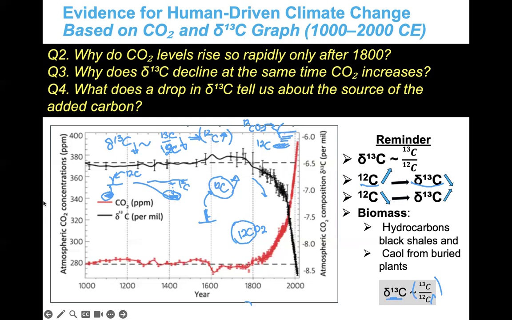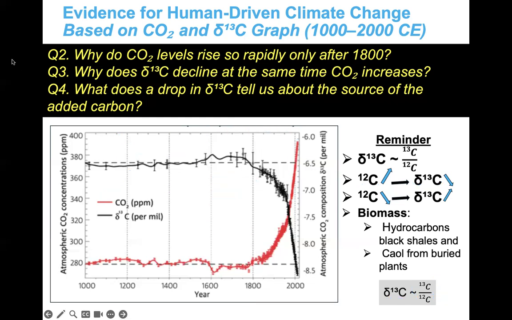And that's a clear evidence that the one responsible for this CO2 release in the air is us. There's no question about it because we can see it from this delta 13C. More C12 from the biomass, lower delta 13C.